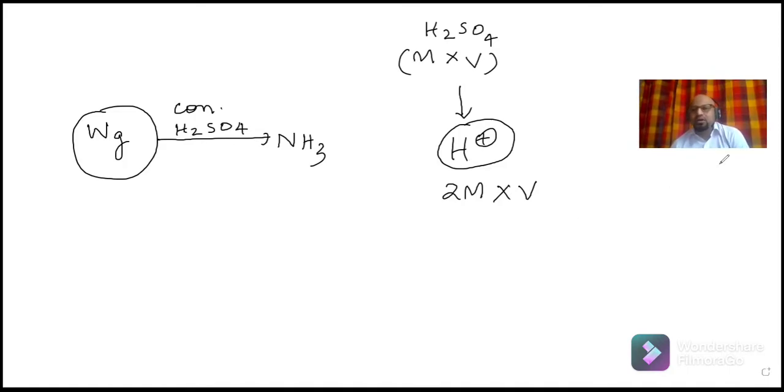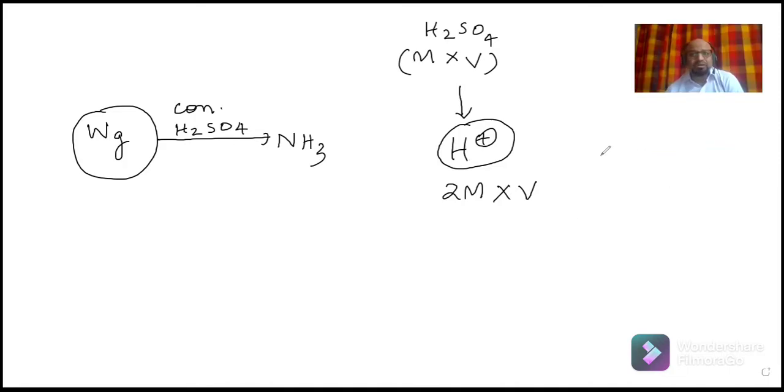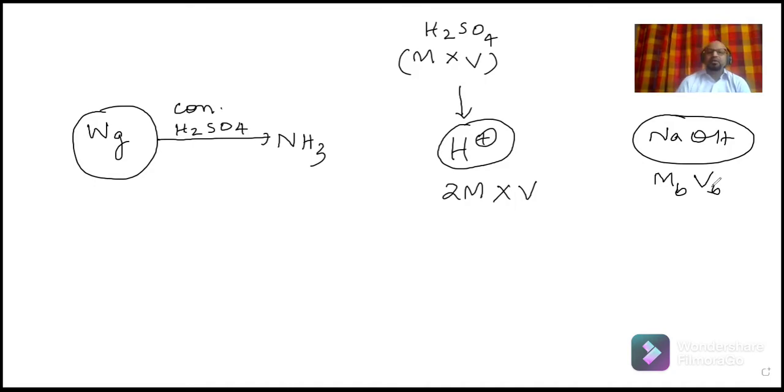For that reason, whatever excess amount of H2SO4 you take, to neutralize that, you need to take some amount of NaOH. And suppose the concentration of NaOH is Mb and the volume is Vb. So now what you need to understand is that whatever concentration of H plus is present, the whole amount will be utilized to neutralize ammonia as well as NaOH.